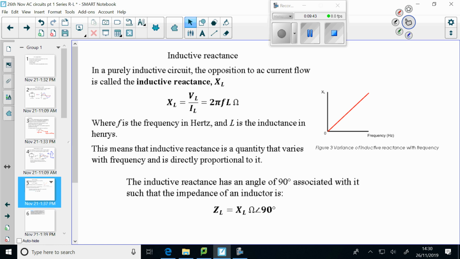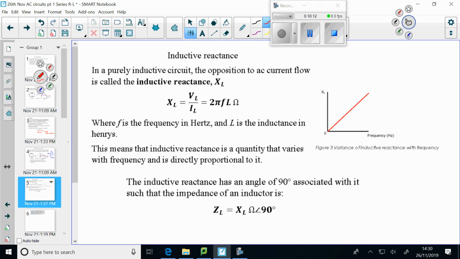This has considerable implications for AC circuits with inductance, because that formula means that the reactance of the inductor, its opposition to current flow, varies with frequency. As frequency increases, XL gets bigger. So it's not a fixed quantity.